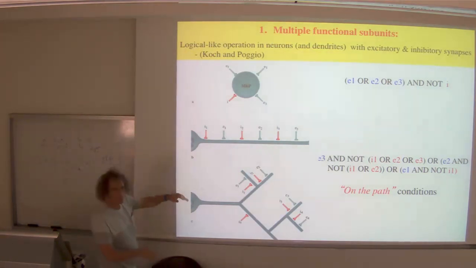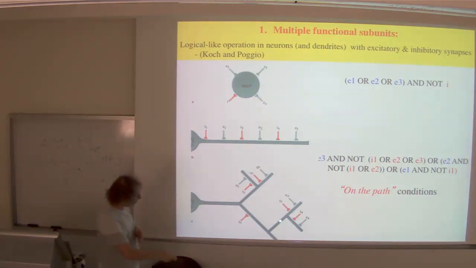Again, I don't want to go into this because that's now very classical work of trying to extend McCulloch and Pitts into a distributed system, showing that the location of inhibition relative to excitation, especially in a branched dendritic tree, becomes very critical because, for example, this inhibition can veto everything that is on the path between this and the soma.